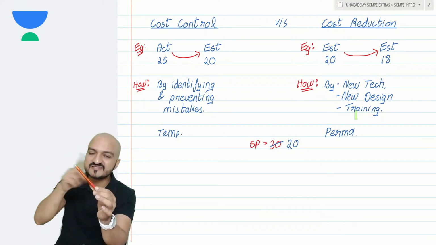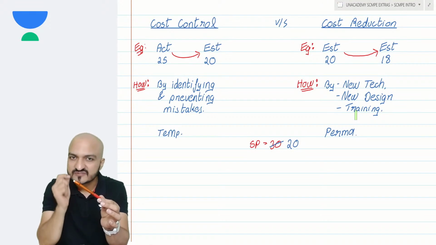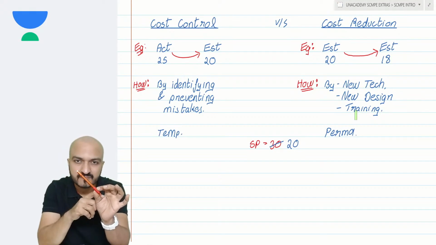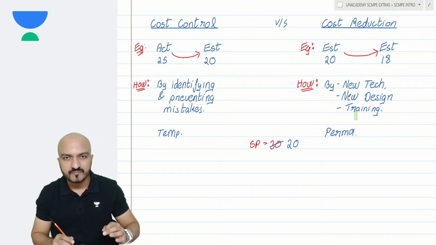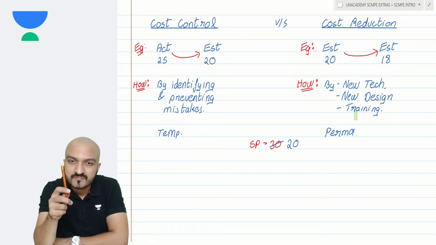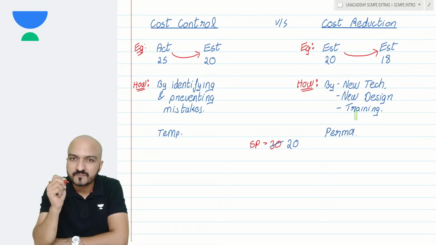Don't you think this change of design will help the company save some cost? Yes, and if the company saves cost by changing the design, the company will continue to save that cost every year permanently until they continue that new design.